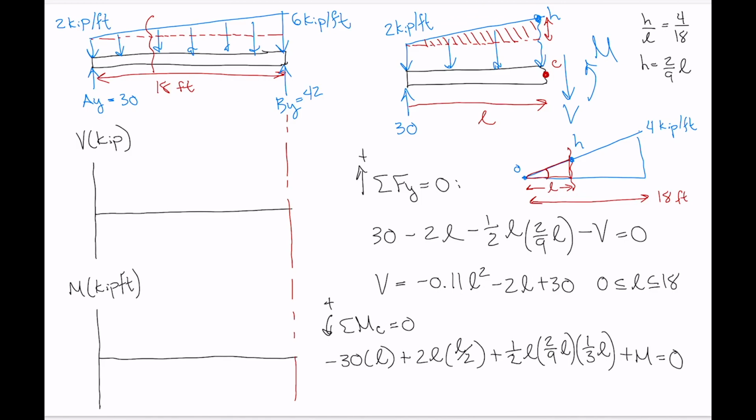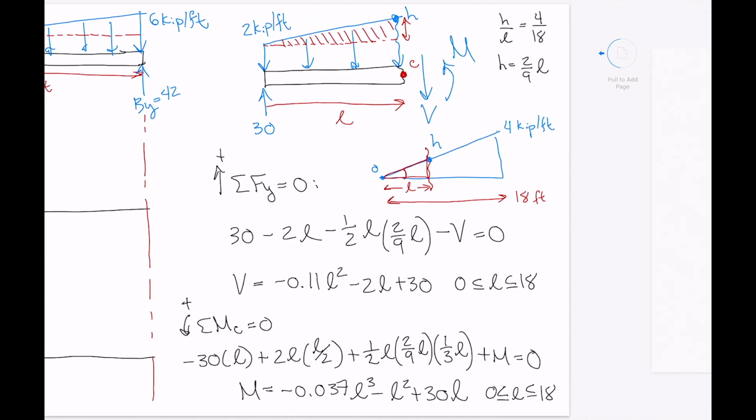Okay, so let's tidy that up a bit, and what do we get out of that? We've got minus 0.037 L cubed minus L squared plus 30L. Okay, and again 0 to 18. Okay, so let's go to the next page and graph those values there.